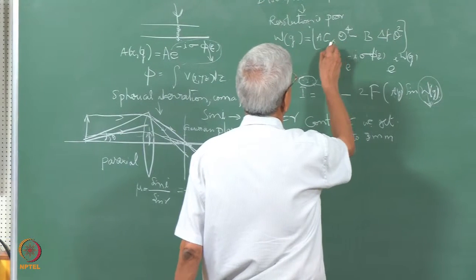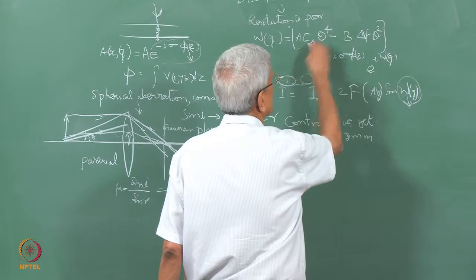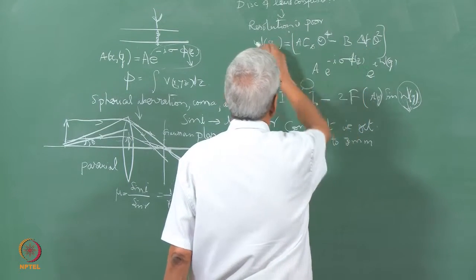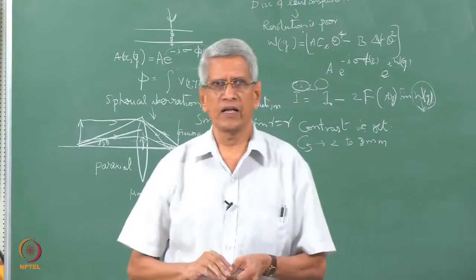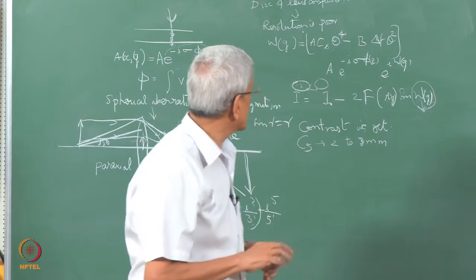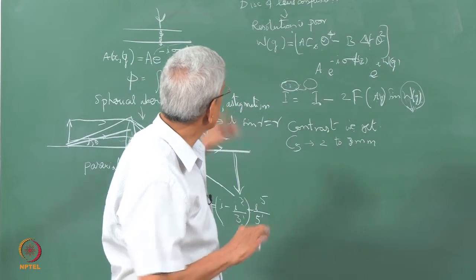When the CS is made small, delta F also can be made small. When the CS becomes 0, delta F can be made 0, and then this phase error can be made 0. That means in such a condition we are getting an ideal microscope.